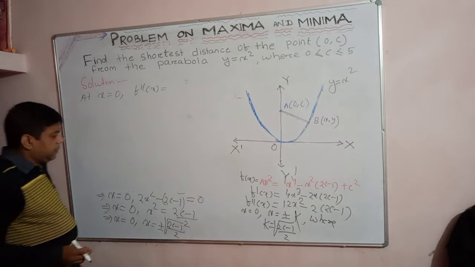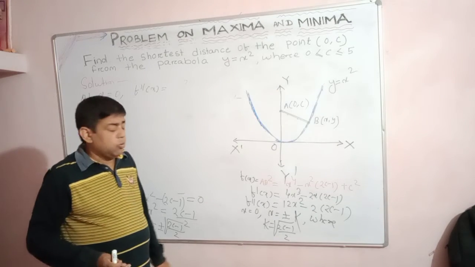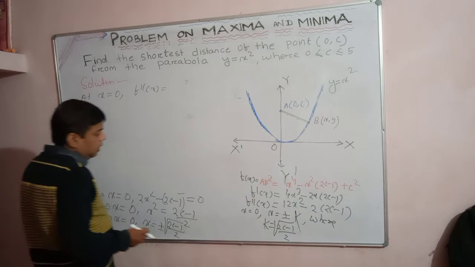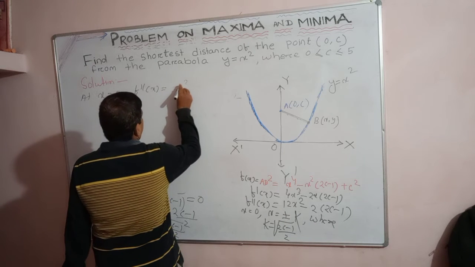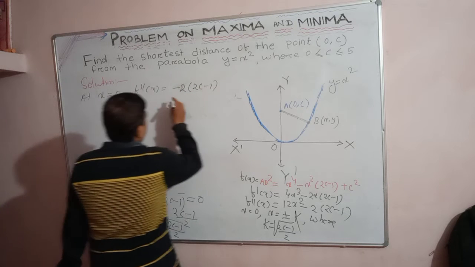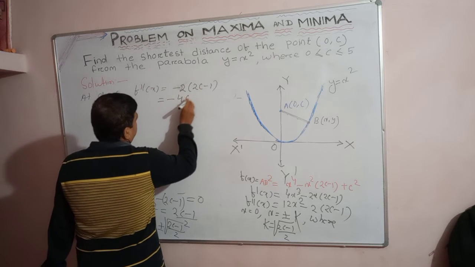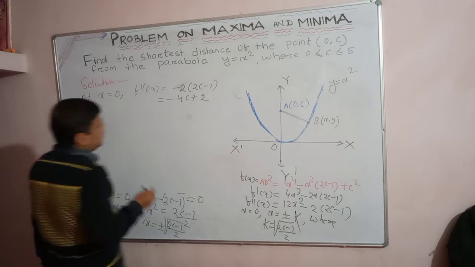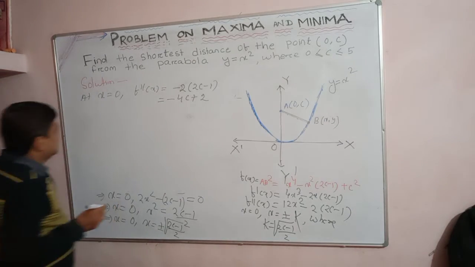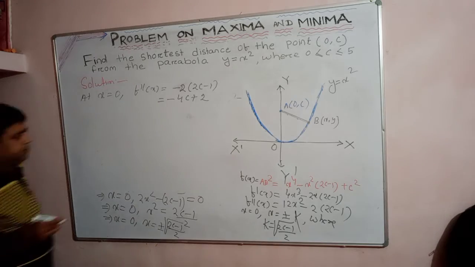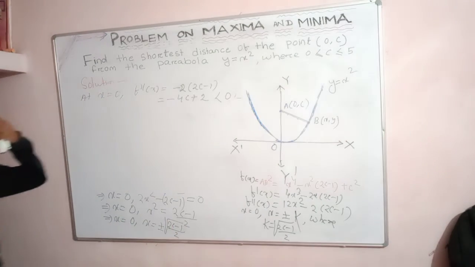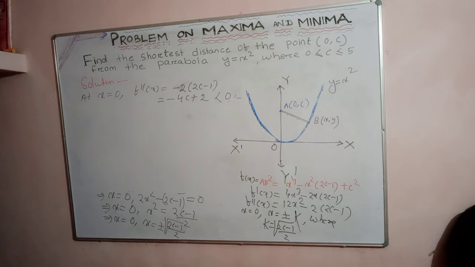If x is equal to 0, we put the value in the second derivative. Here x is 0, so the value will be minus 2 whole into (2c minus 1), which is equal to minus 4c plus 2. Understand? So the second derivative value becomes negative, less than 0. Is it clear?